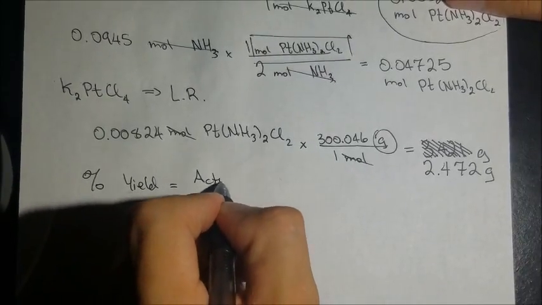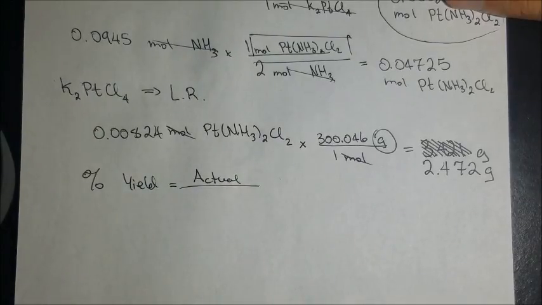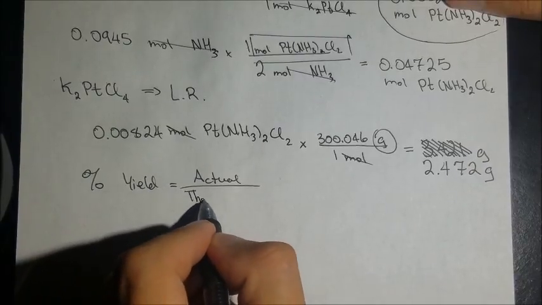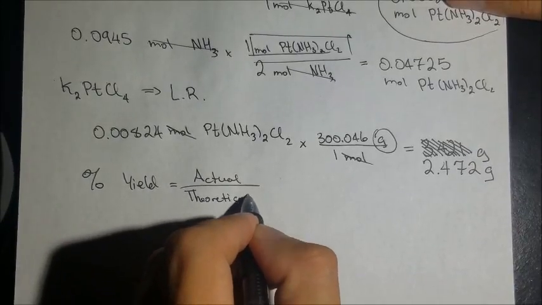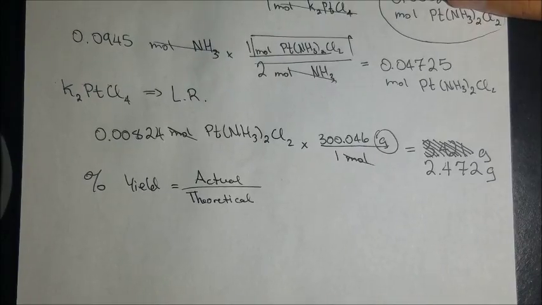is the actual mass that we produced when we went into the laboratory and did this experiment versus the theoretical yield that we could have produced if the reaction had been absolutely perfect and everything had reacted completely.